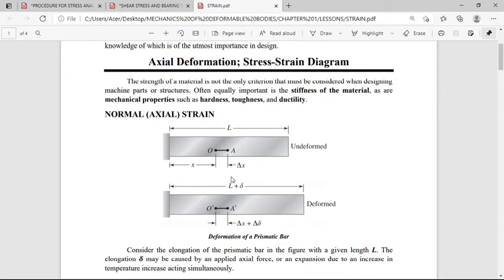Tingnan yung undeformed state. Meron ka daw point O located at a distance x from the fixed end. Yung distance x. Ito naman yung fixed end mo.